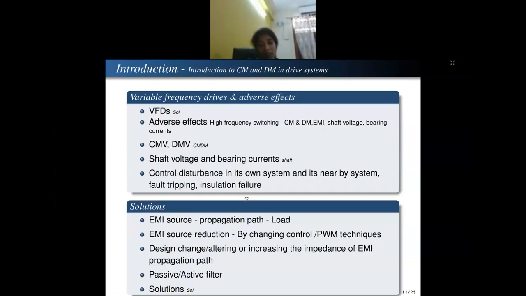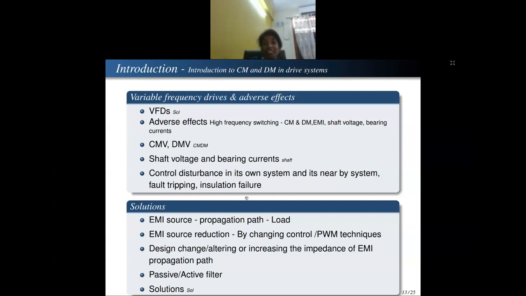That is a design change. You look at your entire system: how to reduce this ground current, how best I can make the layout of each of the components so that the EMI seen by the system is very little. And another is passive and active filters. We are seeing the victim as the load or some part of the system.